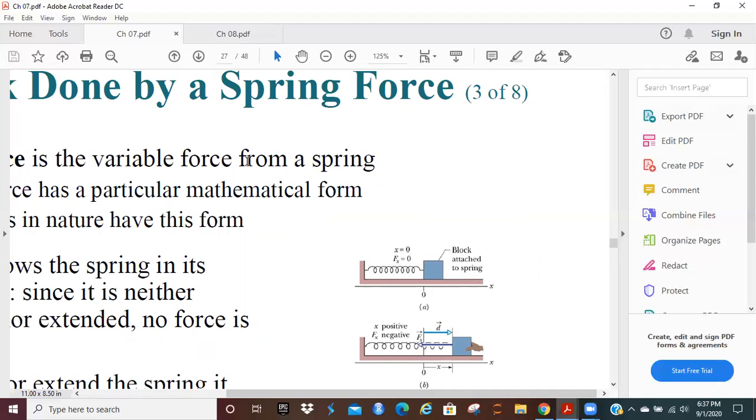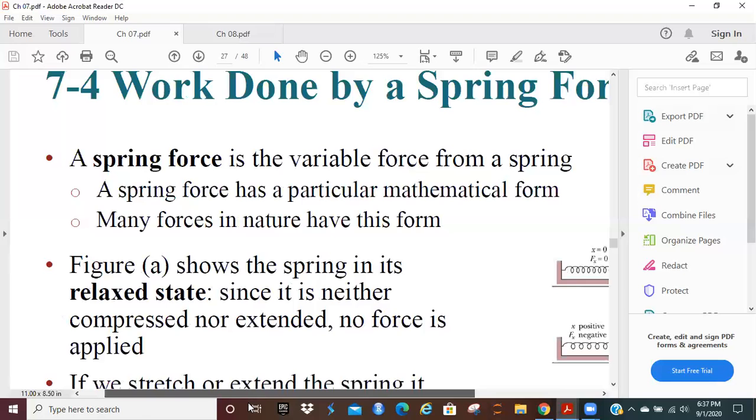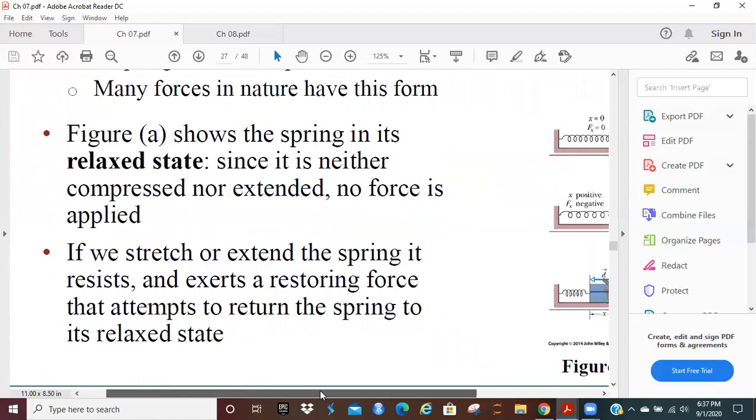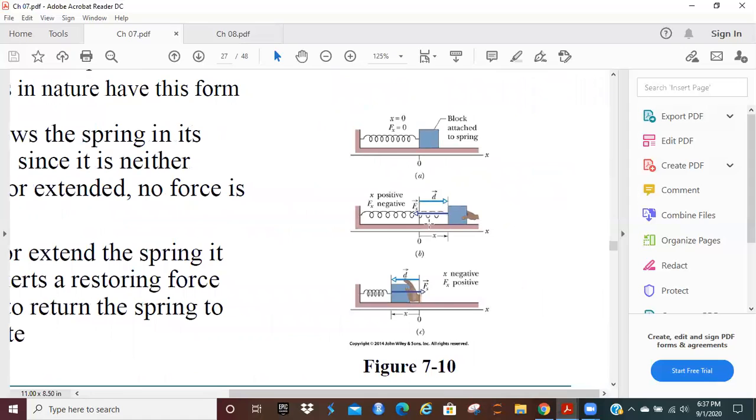So we've got a block that's attached to the spring. Figure A shows it in the relaxed state. If we stretch or extend the spring, it resists and exerts a restoring force that attempts to return the spring to its relaxed state. The point is, it always wants to get back here.